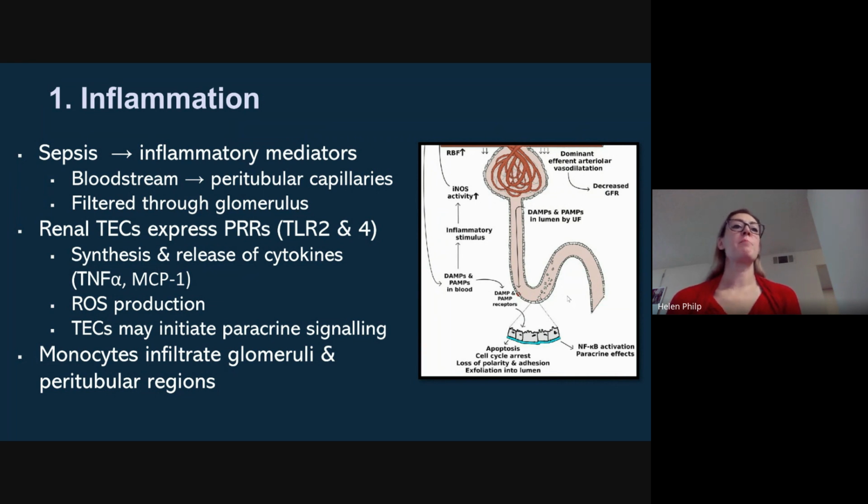Renal tubular epithelial cells express their own pattern recognition receptors, particularly toll-like receptor 2 and 4, so they synthesize and release their own cytokines and their own reactive oxygen species, and they may even start talking to each other, so they initiate some paracrine signaling. Plus all the white blood cells that infiltrate the renal interstitium as well.